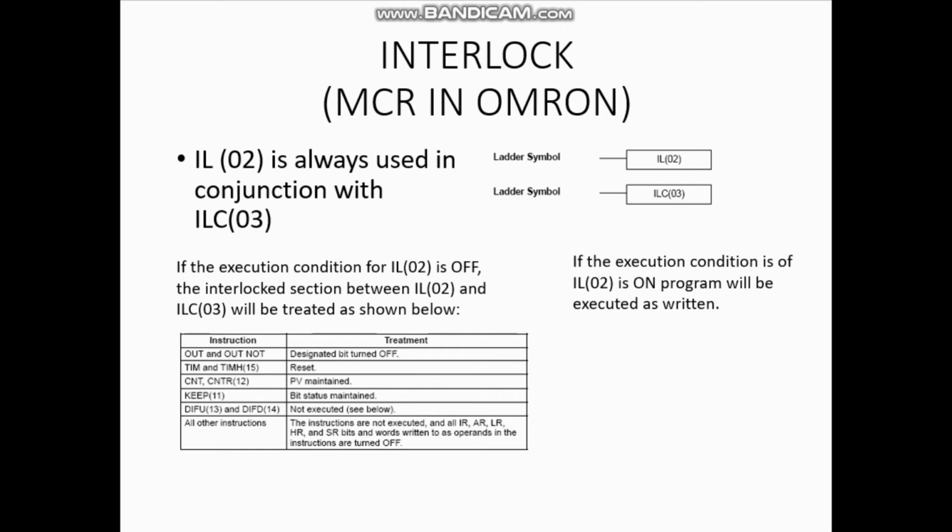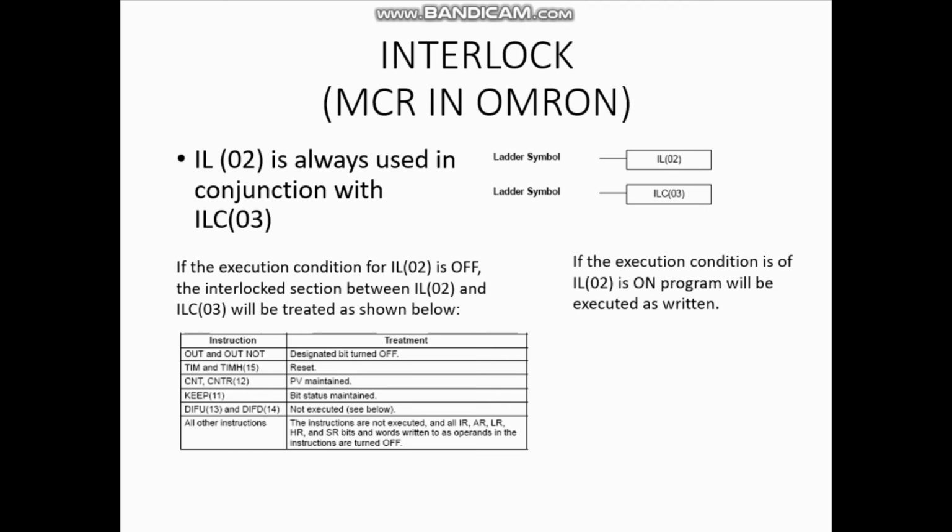So in Omron, we use the interlock instructions, which are IL and ILC, to do the master control reset. Okay, so they will always need to be used together. IL is used for the front gate, and ILC is used for the end gate.